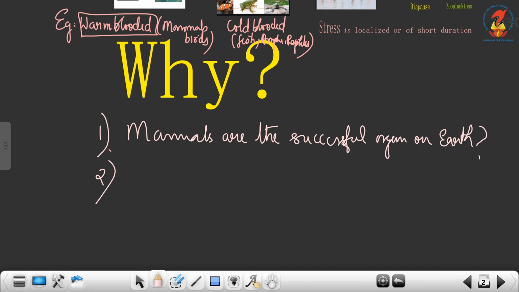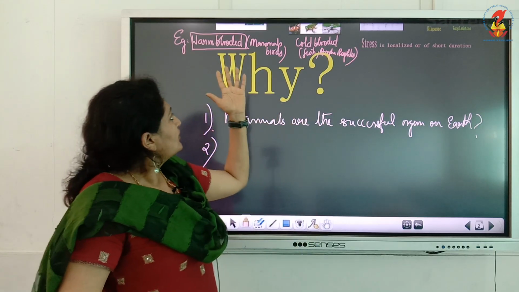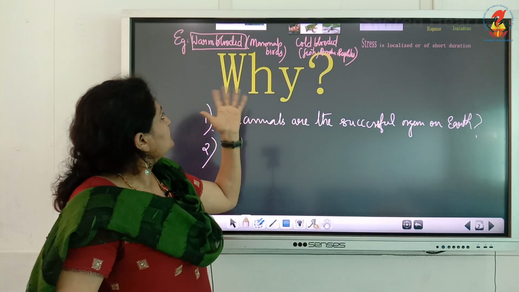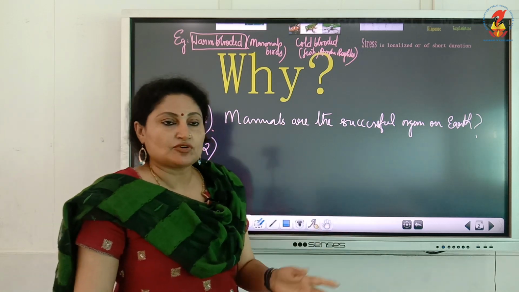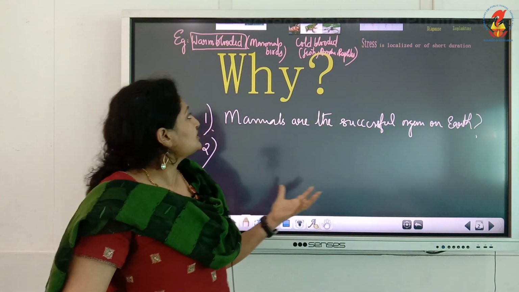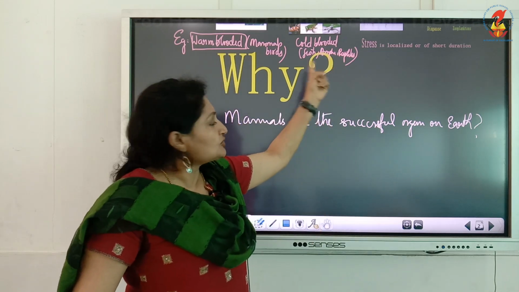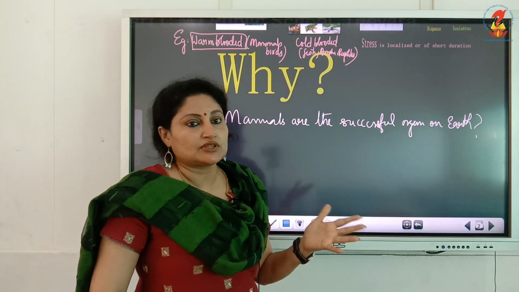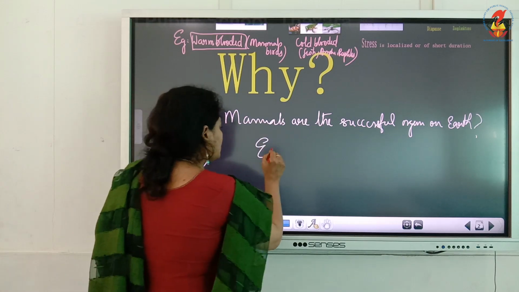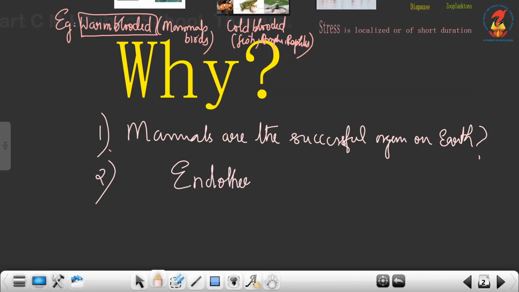So we understood that of both the categories, which is better, which is most efficient, or which is the most sophisticated category? Is it ectotherms or endotherms? Endotherms. Definitely we find endotherms to be more efficient than ectotherms.